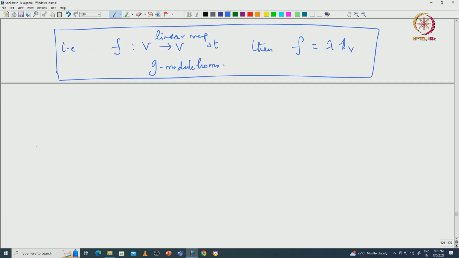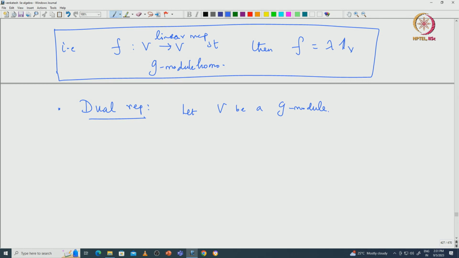We also defined the dual representation as well as Hom of V comma W, so let us quickly recall them. Here is the definition of the dual representation. Let V be a G module.